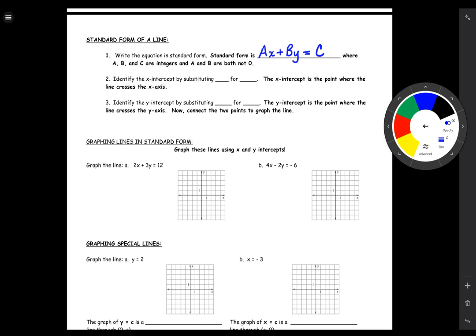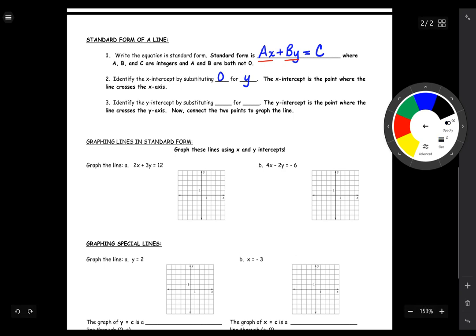Number 2, identify the x-intercept. The reason why this form is useful is if x and y are both on the left side of your equation, like they are here, and the constant is on the right side, it's really easy to find the x and y intercepts. So we identify the x-intercept by substituting 0 for y and then solving for x. The x-intercept is a point where the line crosses the x-axis.